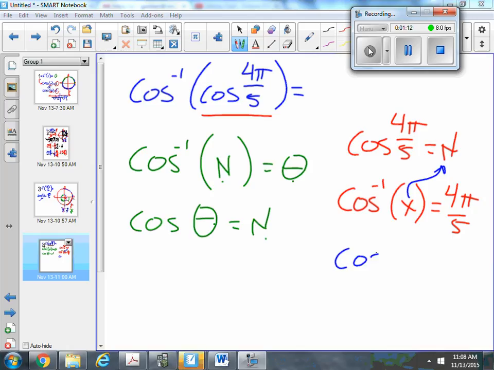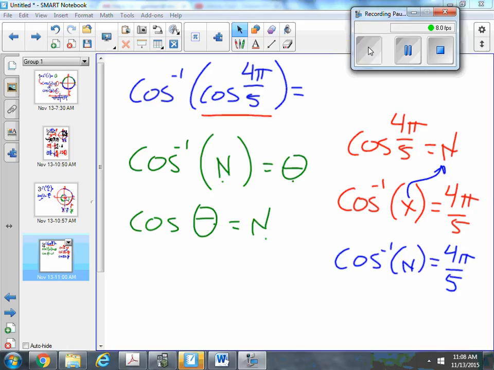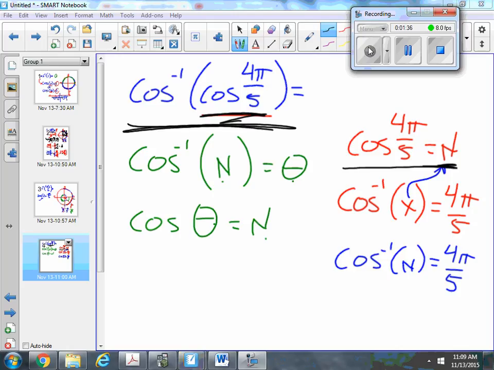So I would know that cosine minus 1 of n is equal to 4 pi over 5. So if I just follow my steps here, I know that cosine 4 pi over 5, I defined that and said it's equal to n. So now I'm finding cosine minus 1 of n right there, and the answer is 4 pi over 5.